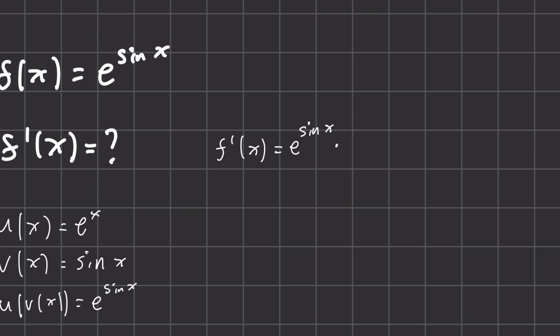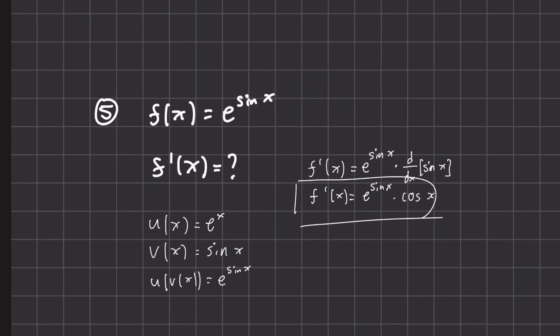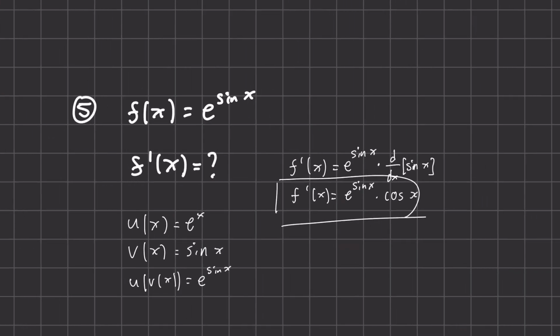So it's going to be e to the power of sine of x, multiplied by the derivative of v of x, which in this case is sine of x. So it's going to be e to the power of sine of x times the derivative of sine of x, which is simply just cosine x. And that would be your full solution.